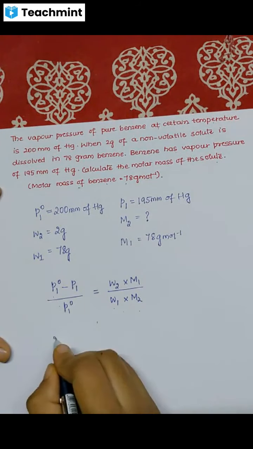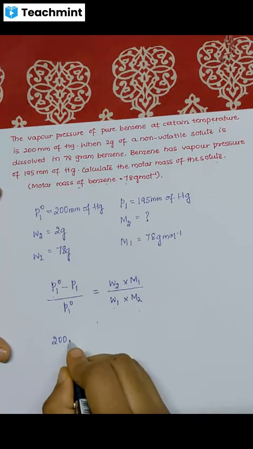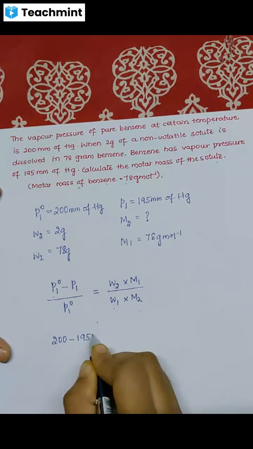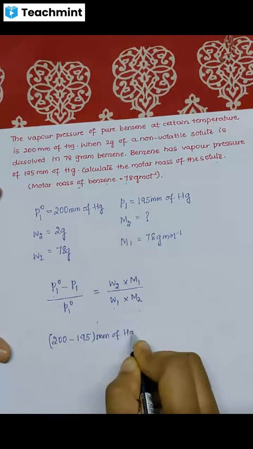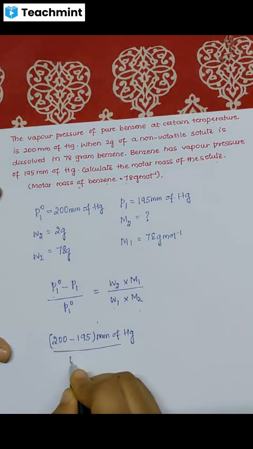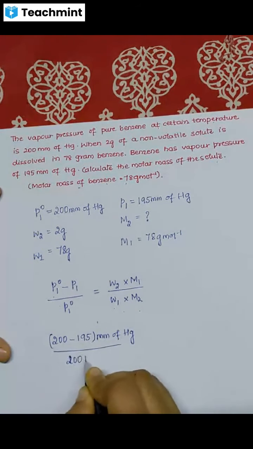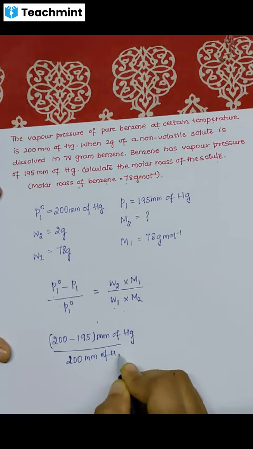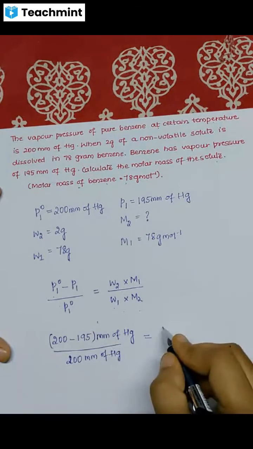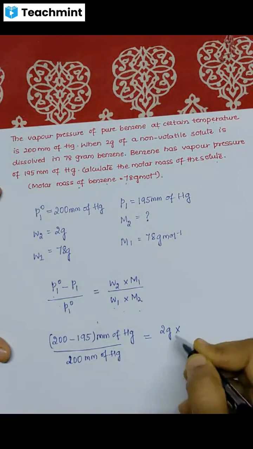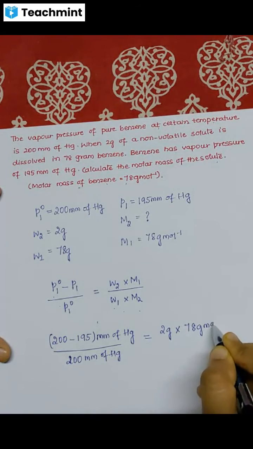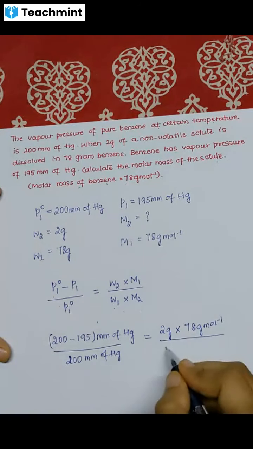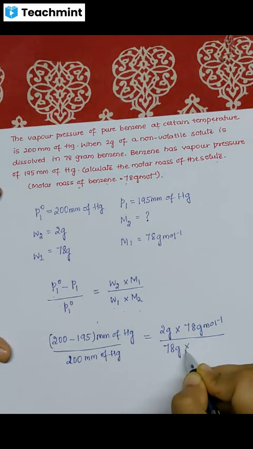So P1 naught value is given, it is 200, minus P1 value is given, it is 195, mm of Hg, divided by P1 naught, which is again 200 mm of Hg, equal to W2 value is 2 gram into molar mass of solvent is 78 gram per mole, W1 given is 78 gram into M2, which is what we are going to identify.